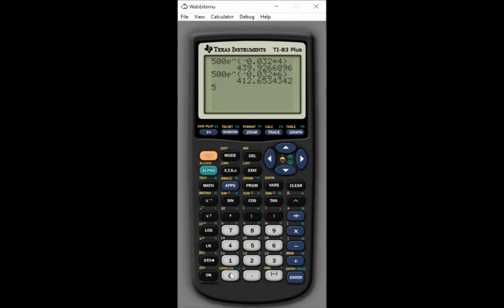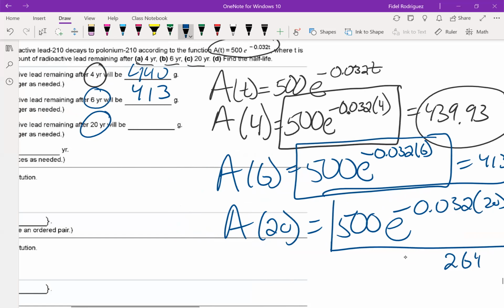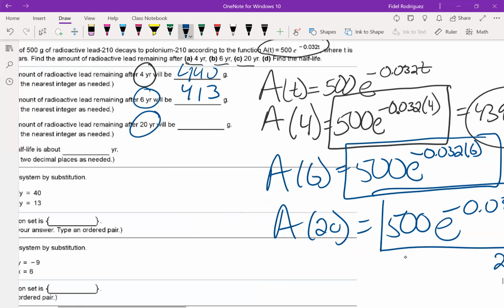We're going to go 500, second, ln, negative 0.032 times 20. Close my parentheses, because all that's inside is my exponent. Again, since we're rounding to the nearest whole number, 264.